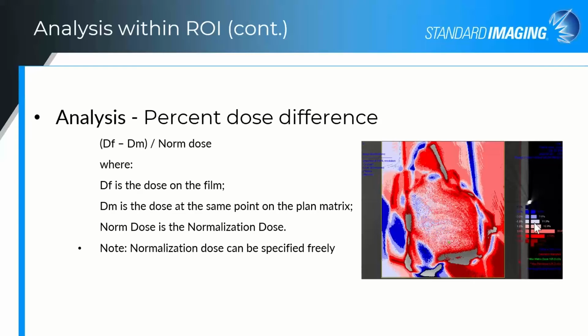The light blues are negative dose differences. Our passing region consists of the two lighter shades of blue and the two lighter shades of pink, with the darker ones being up to plus or minus 9%, and then everything in gray is beyond the plus or minus 9%. But our passing regions are just these four colorations shown here in the histogram.